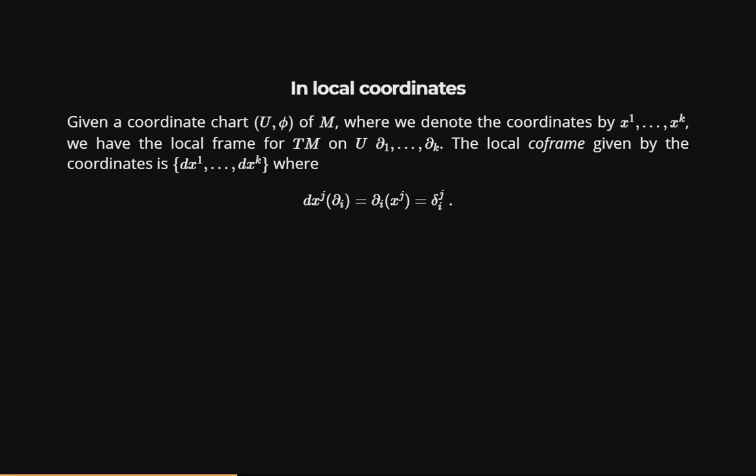So if you differentiate a coordinate with respect to another coordinate, it gives you 0 if they are different and 1 if they're equal. So you get the Kronecker delta, which is 1 if the two indexes are equal and 0 otherwise. It's fairly simple linear algebra to show that at every point these elements give you a basis of the cotangent space at that point, of T star p M.